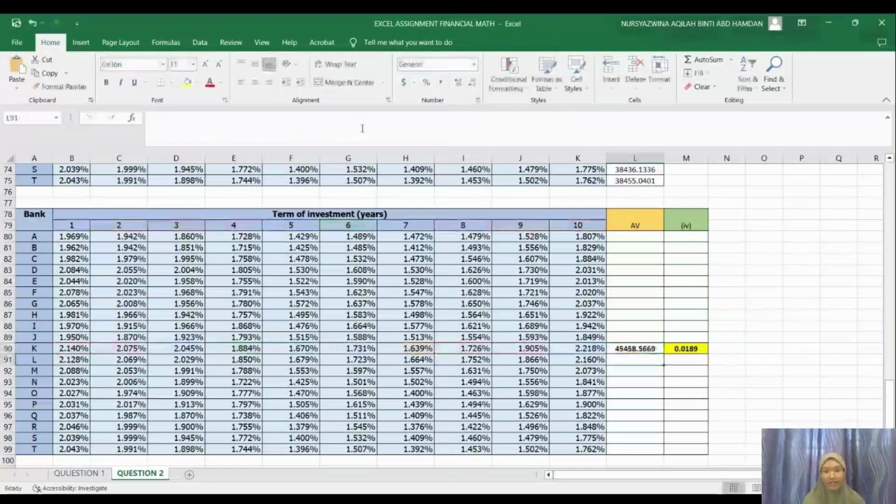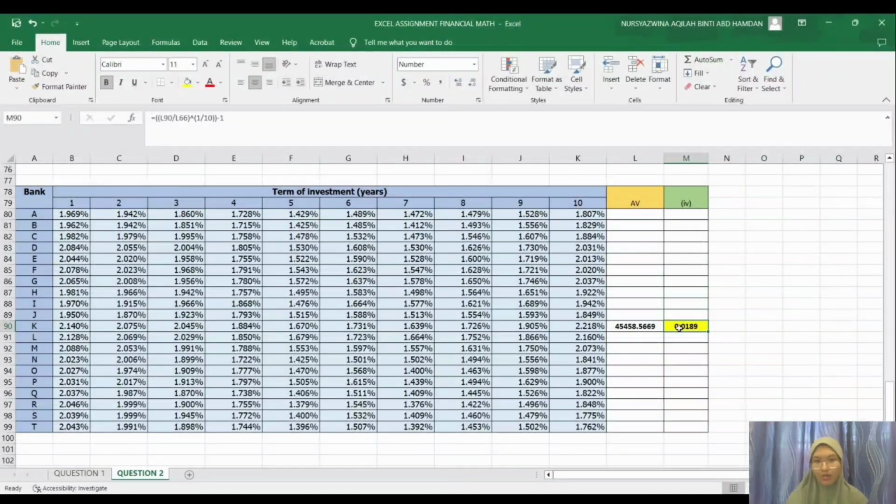At the end of the answer, we can get our AV is 45,458.57. Lastly, to calculate our IRR, we use the formula AV over PV to the power of 1 over n, minus 1. And in this case, the n is 10.